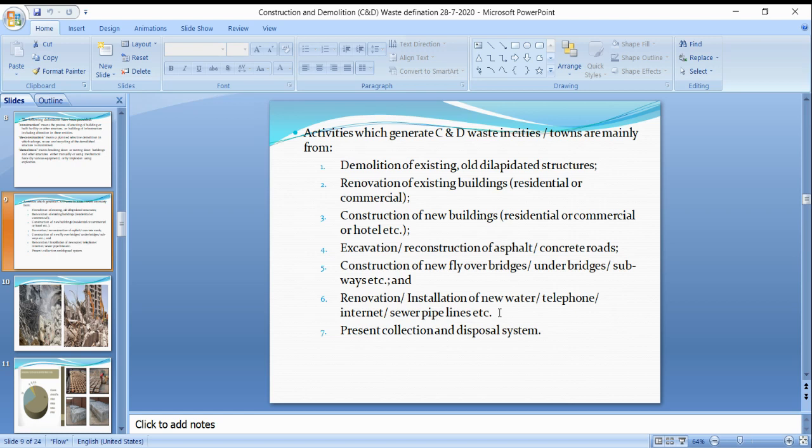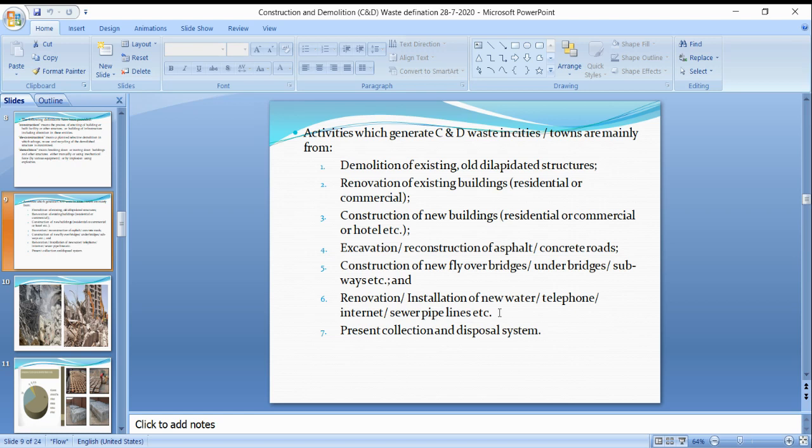If you want to have a new one, there should be demolition of the existing one. Then renovation of existing buildings. We generally know renovation is nothing but repair, and it generally happens to commercial or residential buildings. Then construction of new buildings, which also generates waste.